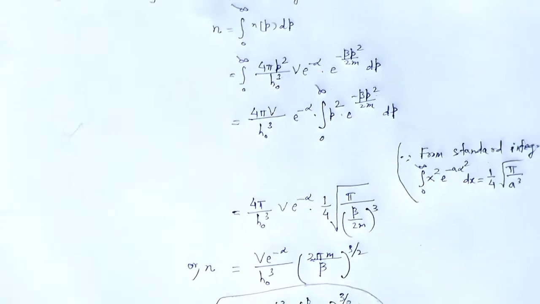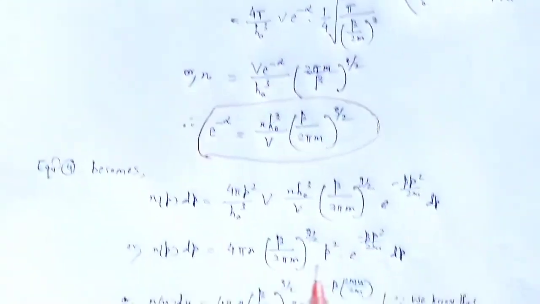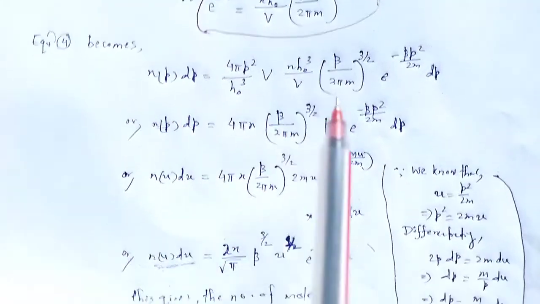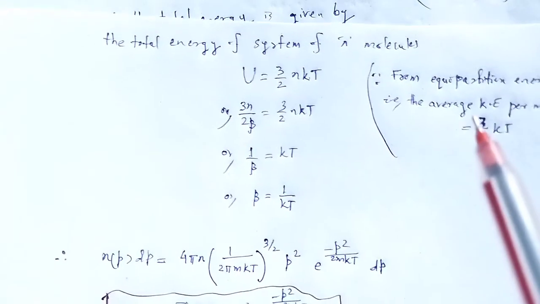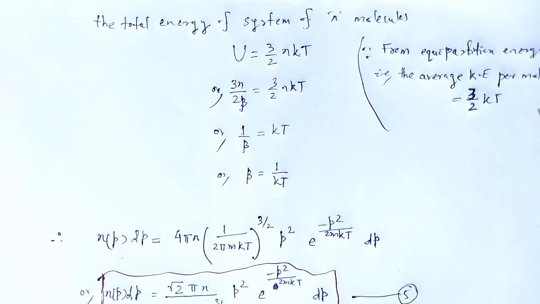Here we get the e to the power alpha term, and the G(p) dp values are put in. Finally we get N(u) du, the total energy, using the concept of the law of equipartition of energy.